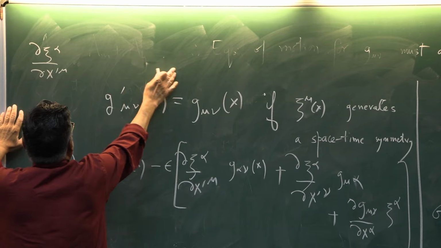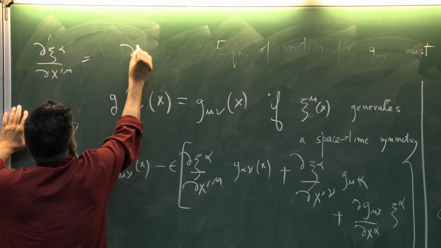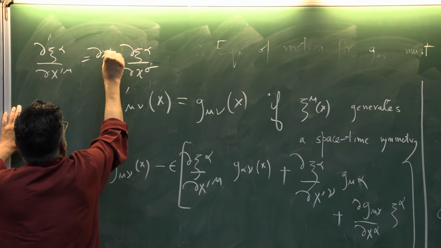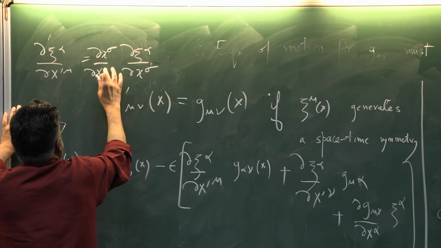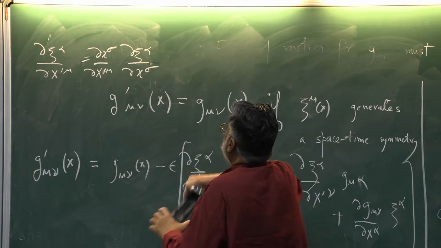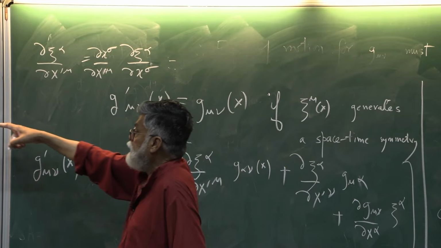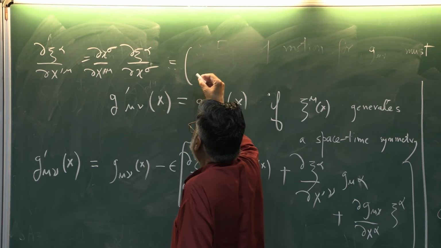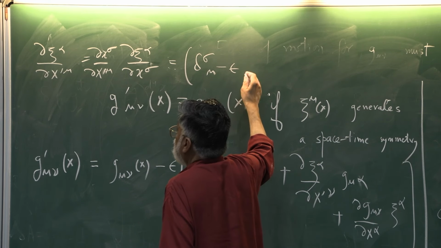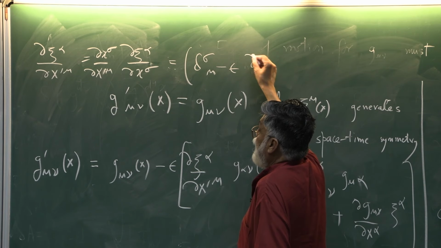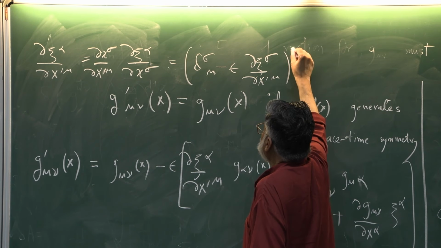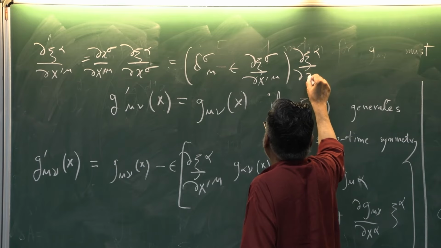This, by the chain rule of partial derivatives, is the same as del xi alpha by del x sigma into del x sigma by del x prime mu, which is the same as, we have seen what it is, delta sigma mu minus epsilon del xi sigma by del x prime mu, into del xi alpha by del x sigma.